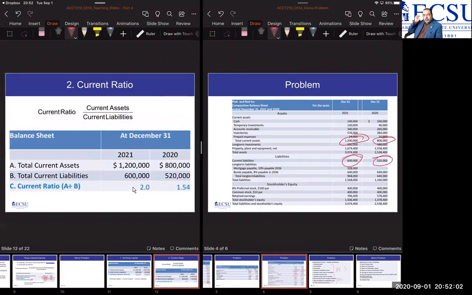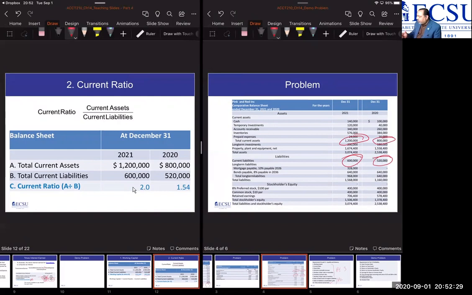That was the number 2 requirement. Current ratio is, of course, current assets divided by current liabilities. A rule of thumb is that if you have a current ratio of 2, you are pretty okay with it. But if it is less than 2, or if it goes below 1, then you should start worrying about the particular company.